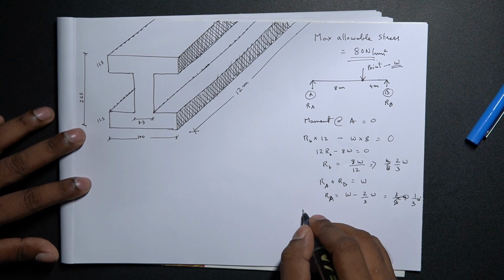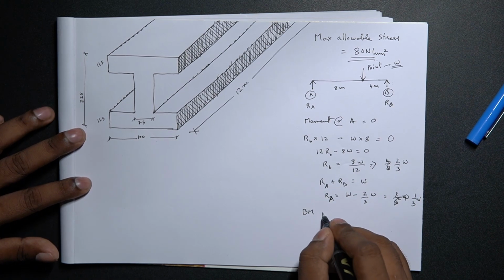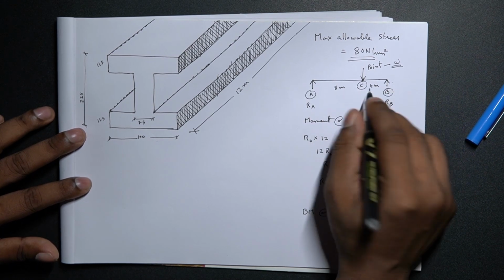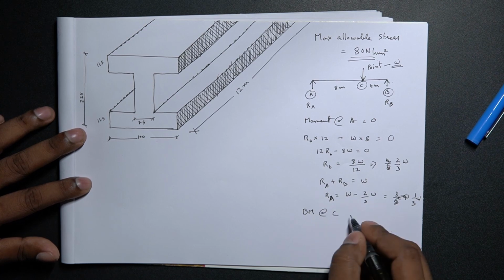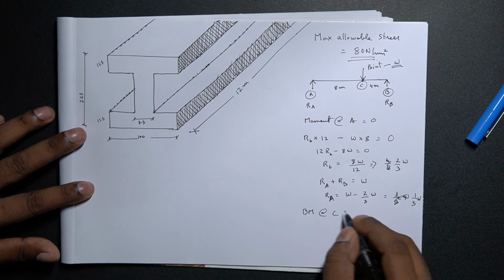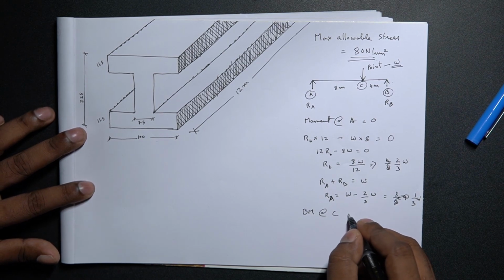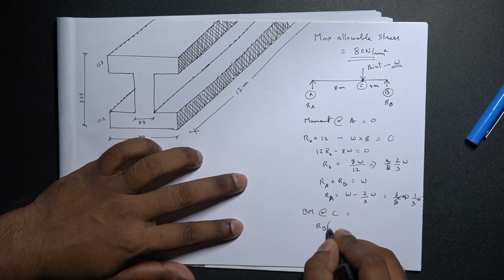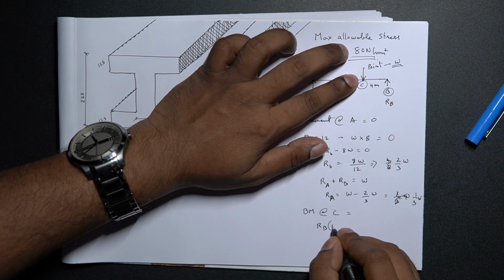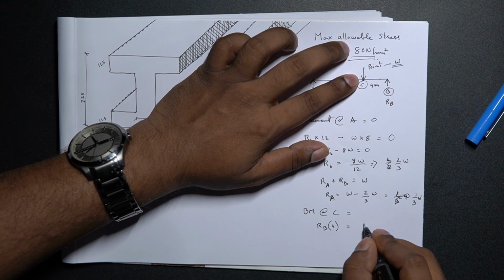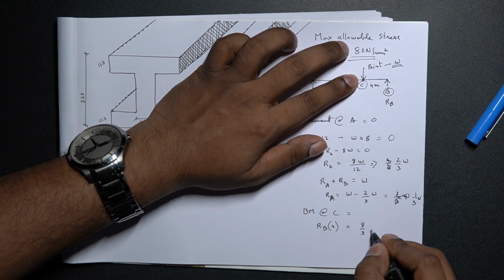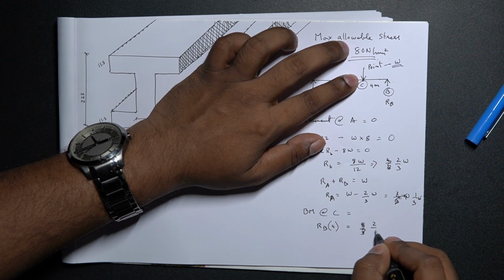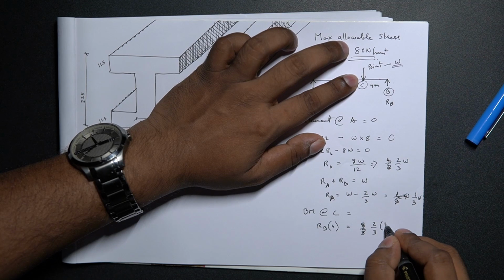Now let's calculate the bending moment at C. Now that we have point A and point B, let's calculate the bending moment at point C, which is equal to RB into the lever arm 4. Sorry, RB is 2 by 3 W times 4.